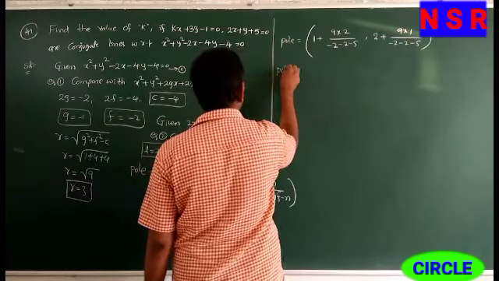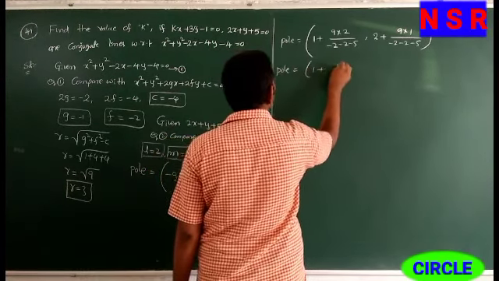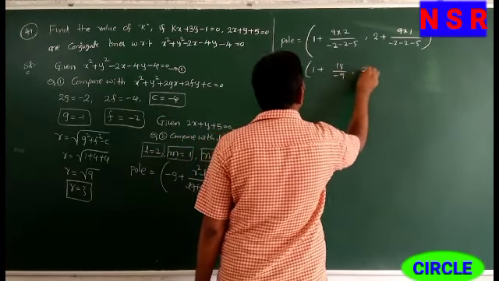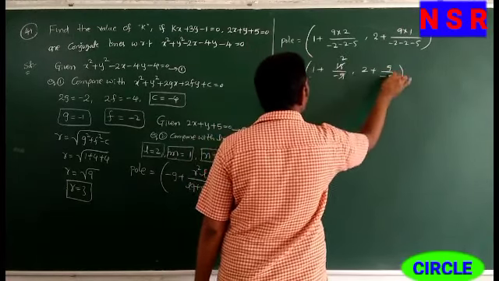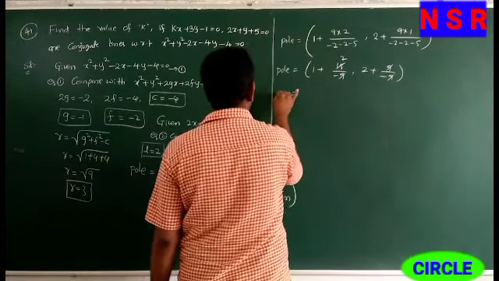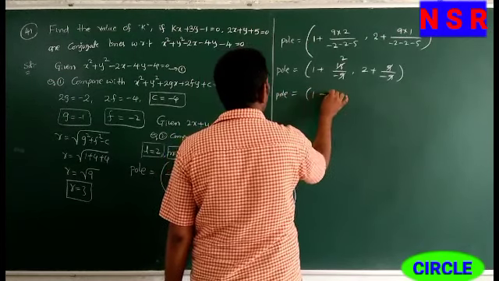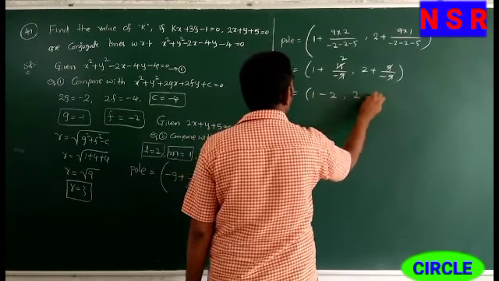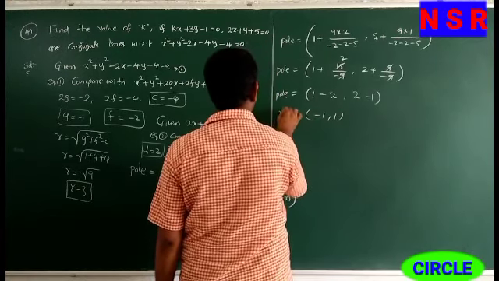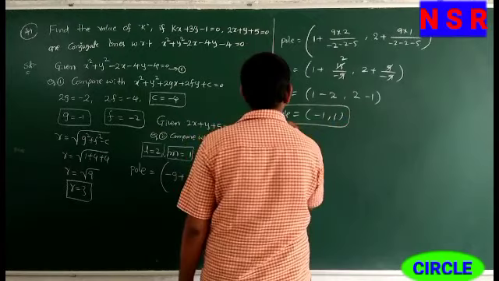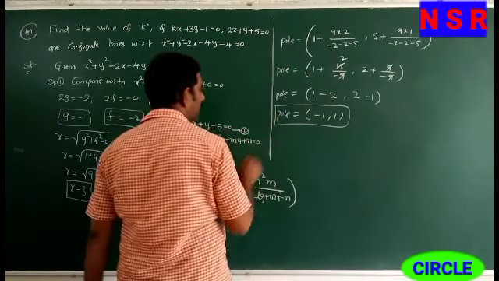Now pole equal to 1 plus 18 by minus 9, 2 plus 9 by minus 9. So pole equal to 1 minus 2, 2 minus 1. So we get minus 1 comma 1.